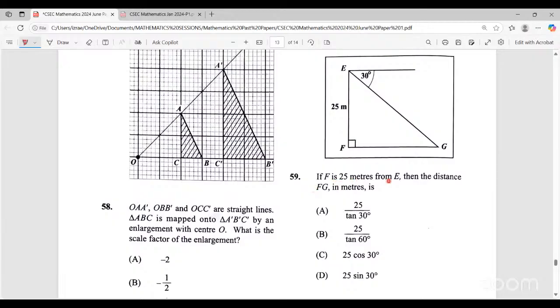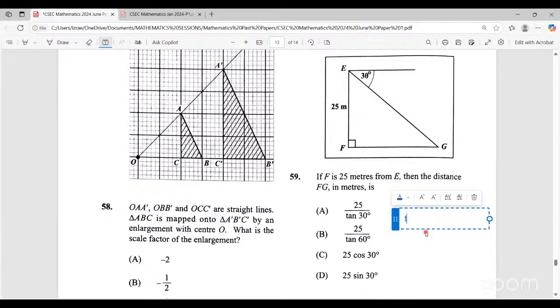59. F is 25 meters from E. Then the distance FG is what? What is FG? If here is 30, here also comes 30. So here is 30, and I think tan 30 would be opposite over adjacent.